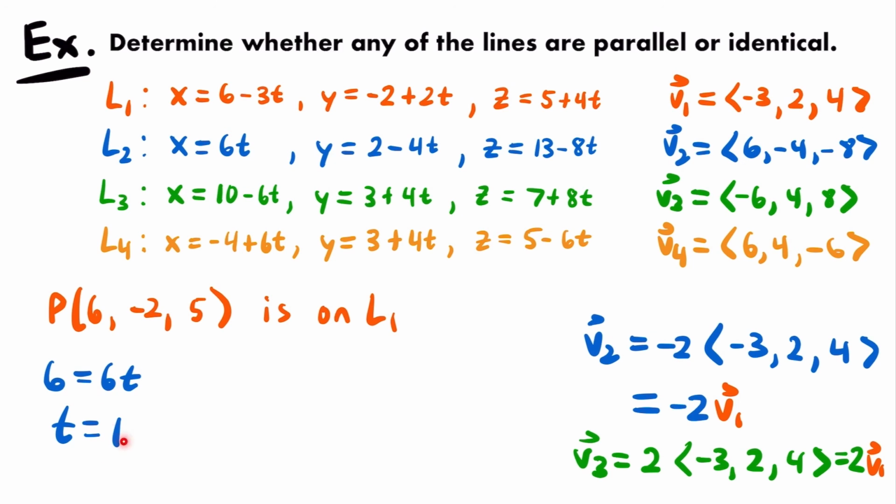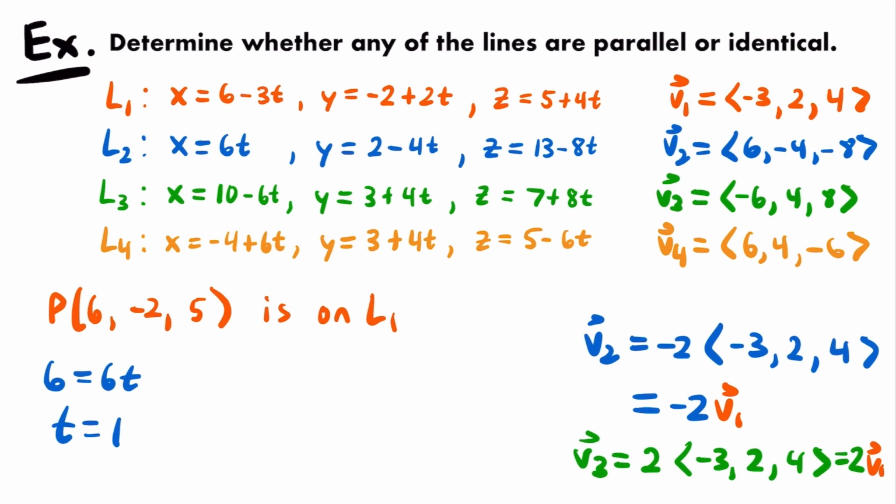And then we'll plug this value of t into the rest of the parametric equations for line 2 and see if we get the other two coordinates for that point, all right? Because if this point is going to be on this line, then we should get each of these coordinates from the same value of t. Not necessarily the same value of t for line 1, just the same value of t for line 2.